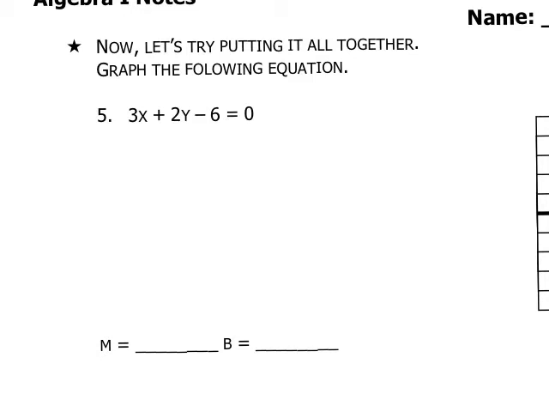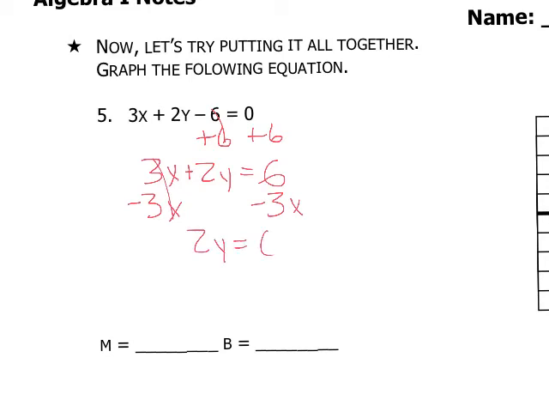Okay, so I need to get y by itself, so I am going to get rid of 6 first. And then I'm also going to get rid of 3x with an opposite operation. So 2y equals 6 minus 3x. Last step in getting y all by itself is divide every piece by 2.